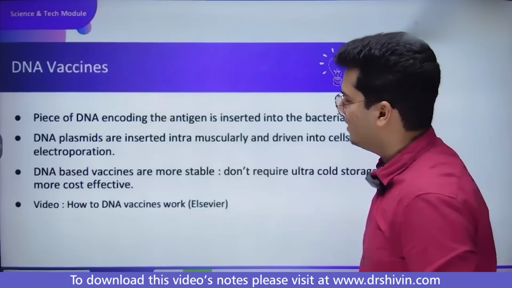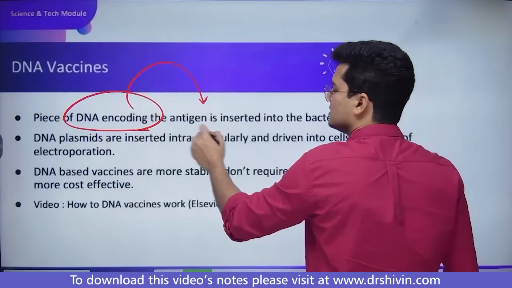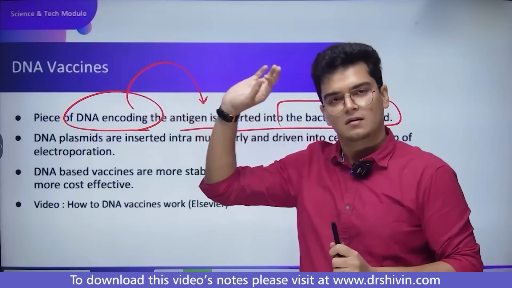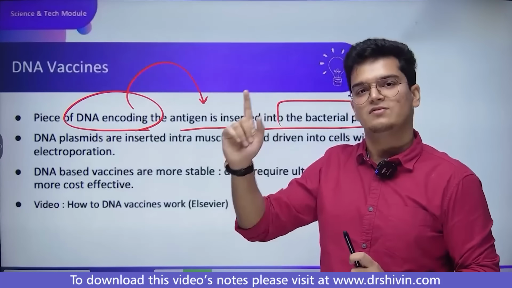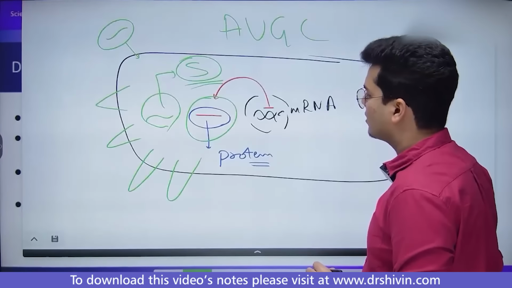Now let's see DNA vaccine. Again, same thing we are doing. DNA encoding the antigen is inserted into the bacterial plasmid. We had seen RNA vaccine. We have seen DNA vaccine also. This is exactly what a DNA vaccine is, what I have drawn for you here.